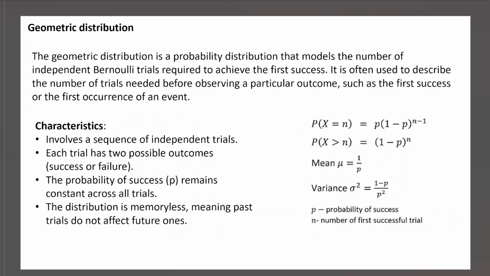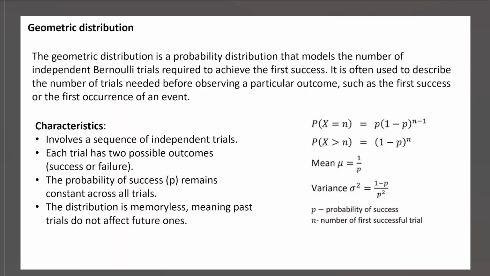Before going to the next question, let's discuss the geometric distribution and the hypergeometric distribution. We discussed this in the last class, and in the assignment where we solved it. The geometric distribution models the number of independent Bernoulli trials required to achieve the first success. Sometimes we ask how many attempts a person has to take to clear the UPSC exam.